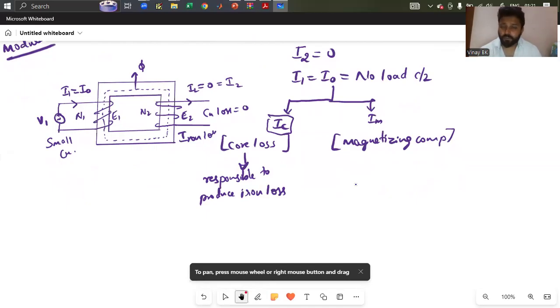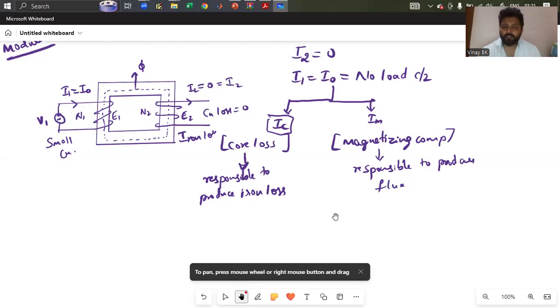And one more component, the magnetizing component IM, is responsible to produce alternating flux. So IM is responsible to produce flux, and IC is responsible to produce core loss or iron loss.